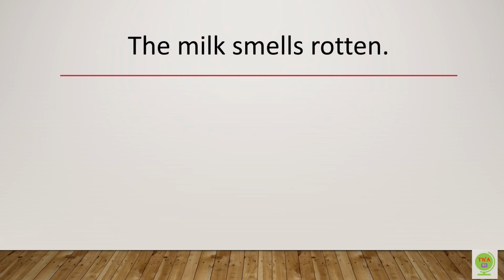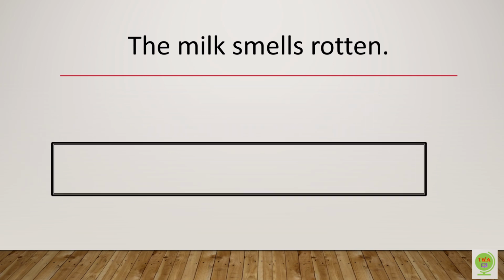Our next sentence is, the milk smells rotten. Can you please identify what type of adjective we have in the sentence? Is it a predicate adjective or a proper adjective? All right, timer starts now.